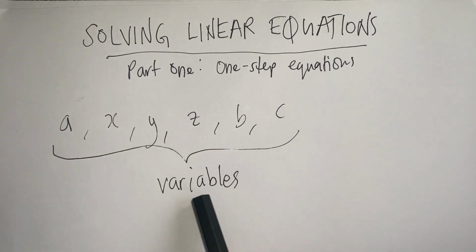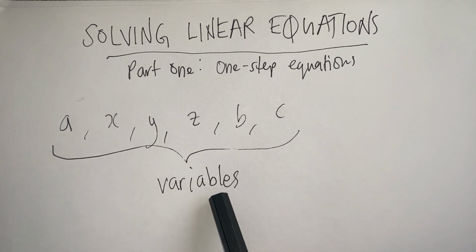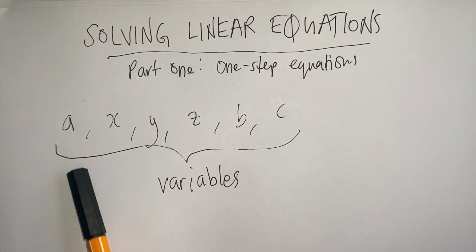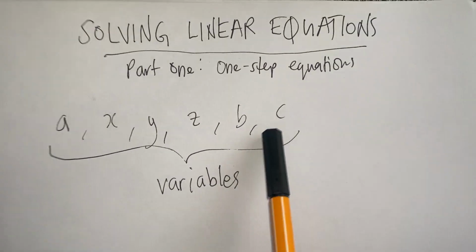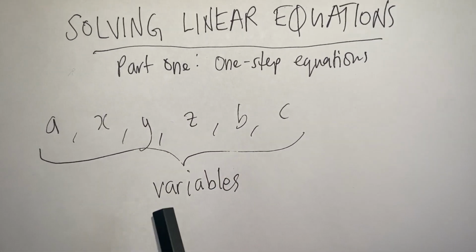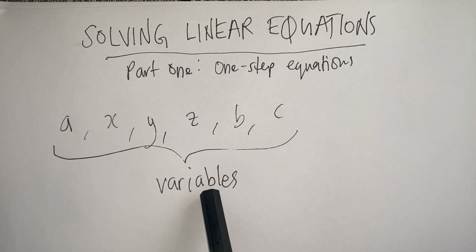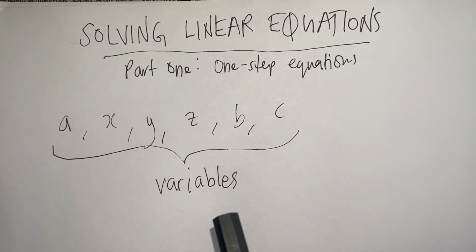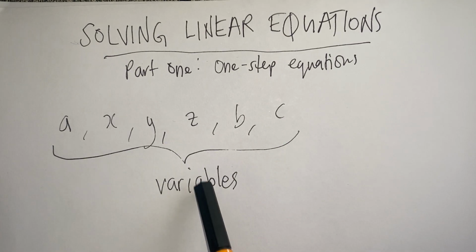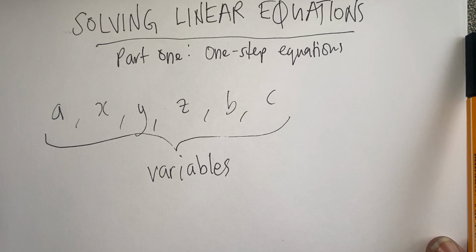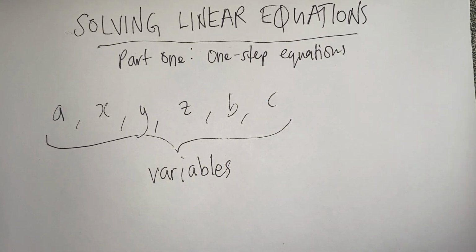Variables is just the fancy math way of saying what these letters are. A, X, Y, Z, all of those letters that we use in math are called variables, and they are the letters which you currently don't know the value of. They're unknown values, unknown variables, and you're trying to find what those values are when you solve your equations.